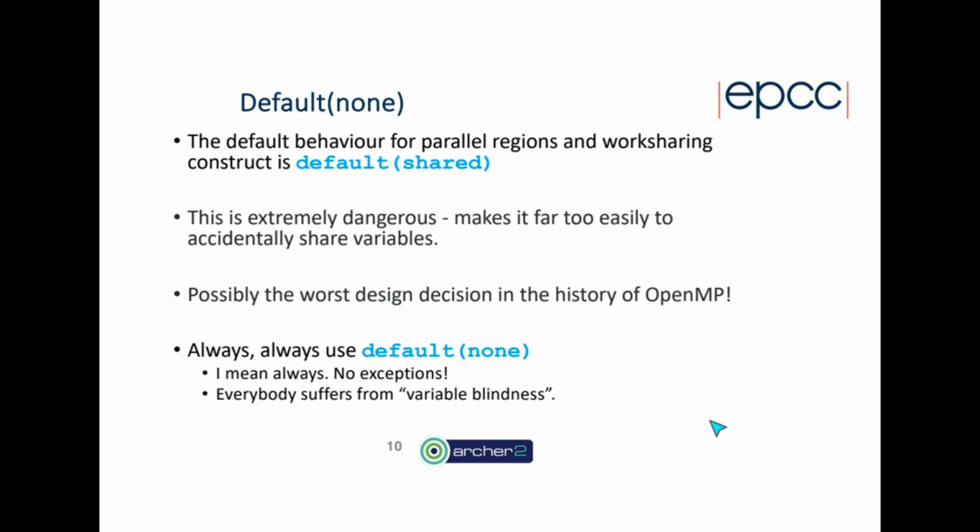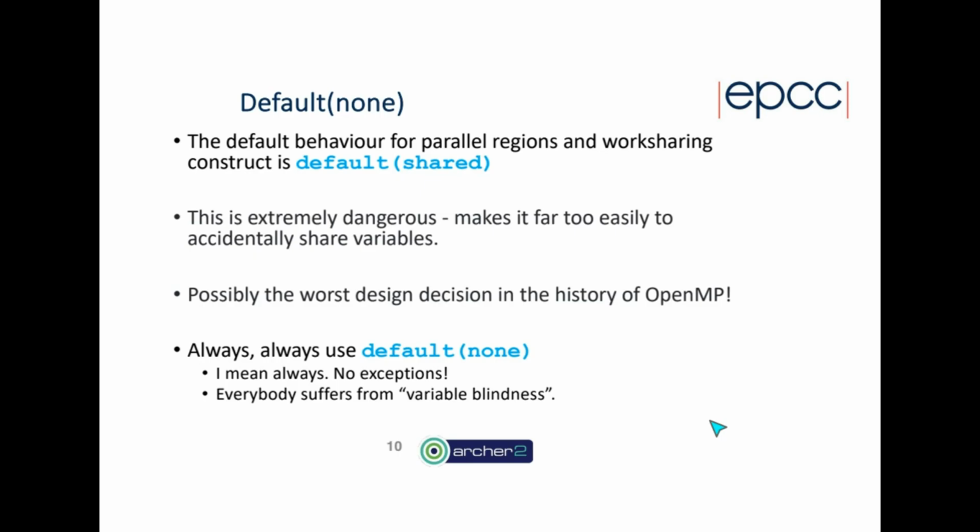So I strongly recommend using default none and listing everything explicitly. Compilers are pretty good at generating error messages. So if you miss something, if there's a variable that doesn't appear in one of the clauses, then you will typically get a sensible error message that says, variable X did not appear in a data sharing attribute clause on the parallel region at line 273.